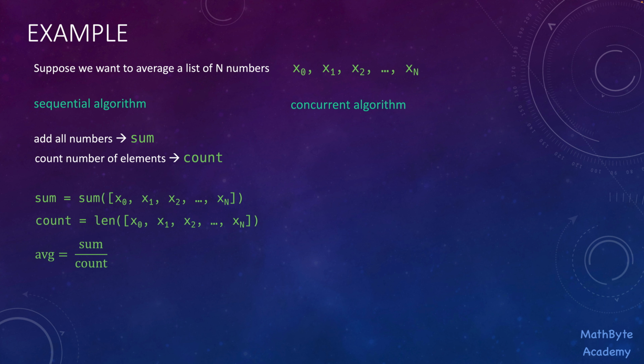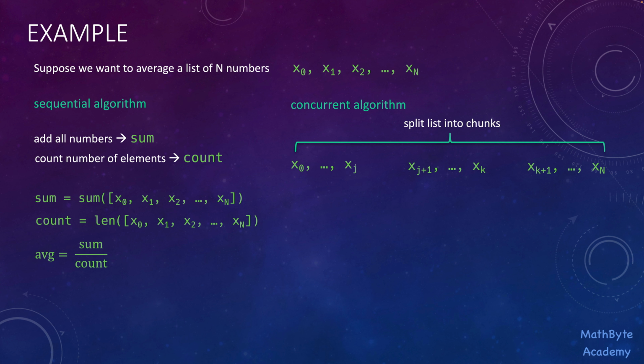Now, on the other hand, how could we make this algorithm into a concurrent algorithm? Well, we could split the list into chunks. Let's say we split it into 3 chunks. We could split it into more or less, it doesn't matter. But the idea is we take this list, we split it into chunks, and then we calculate the sum and the count for each one of those.